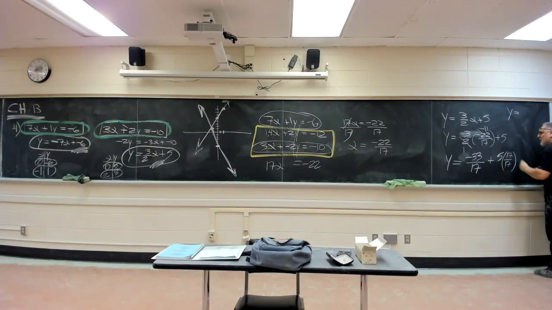Y is equal to negative 33 17ths plus, convert this to something over 17. 5 times 17 is 85. Y is equal to, add these two together, you got 52.